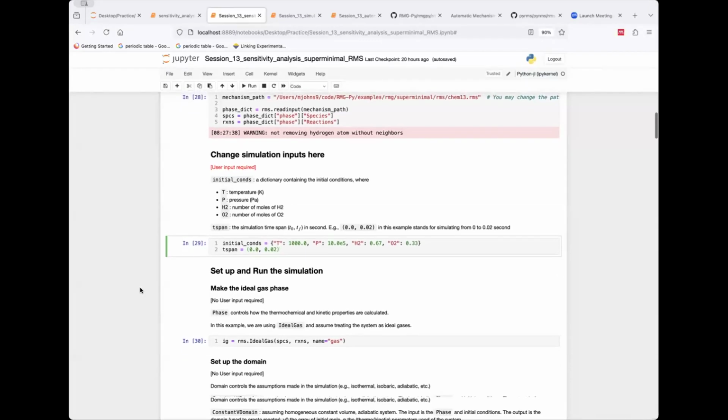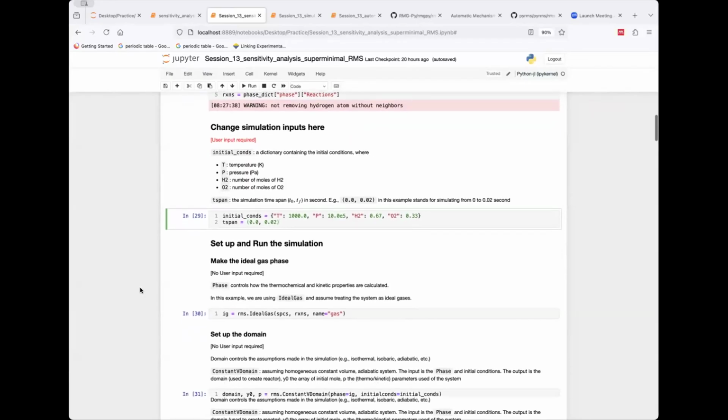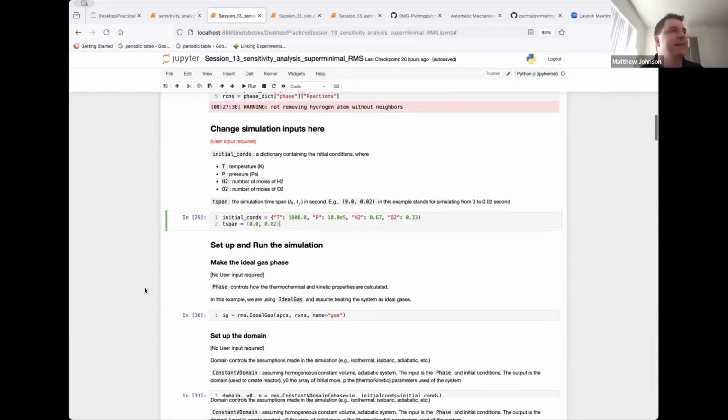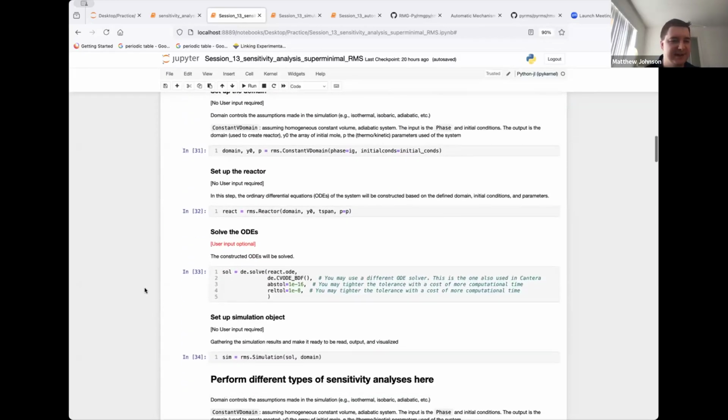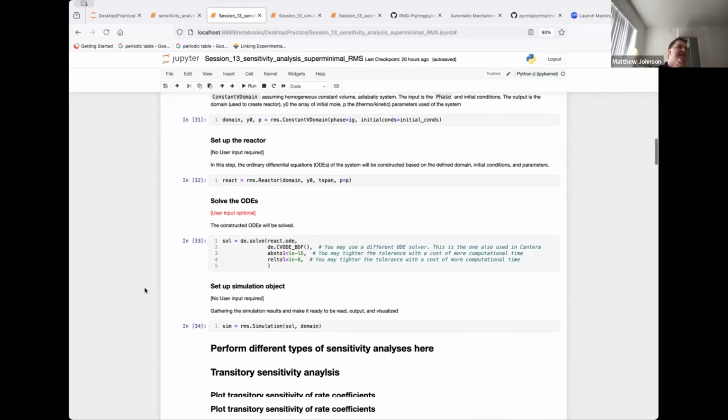Right, but then for the sensitivity, to get useful results that you can interpret, is it important to pick an interesting bit chemically, like pre-ignition or something? Yes. Especially for adjoint, because you're picking your time point. For transitory, yes, you want to sample around. Although you have to be careful around ignition, because transitory is an instantaneous analysis.